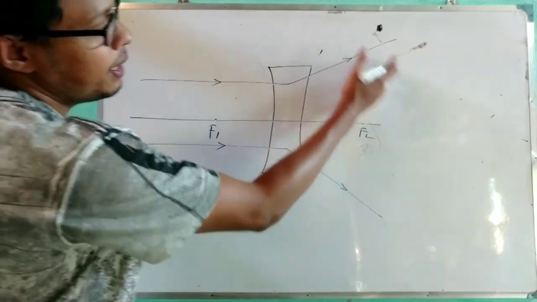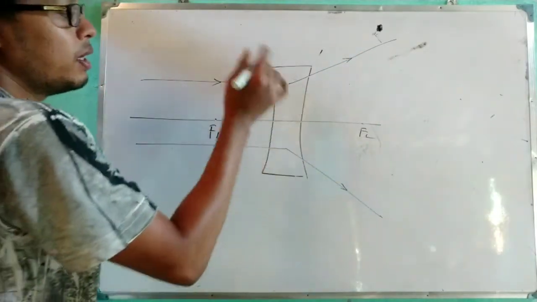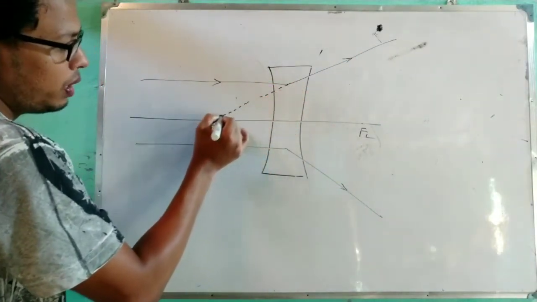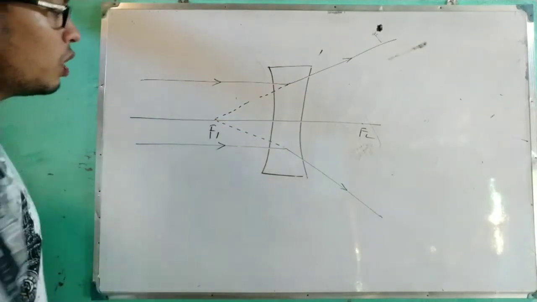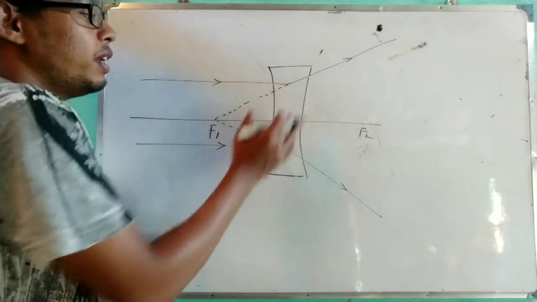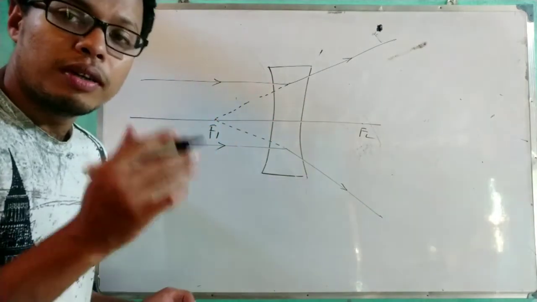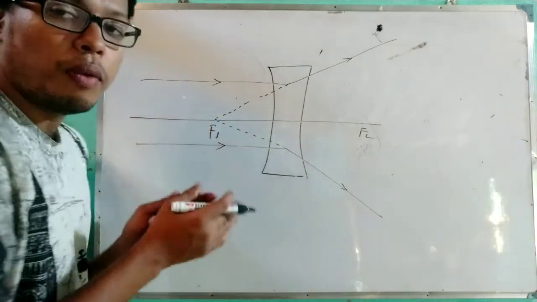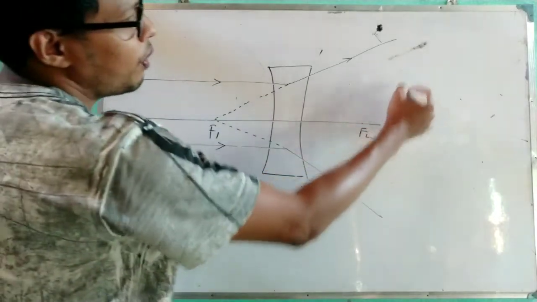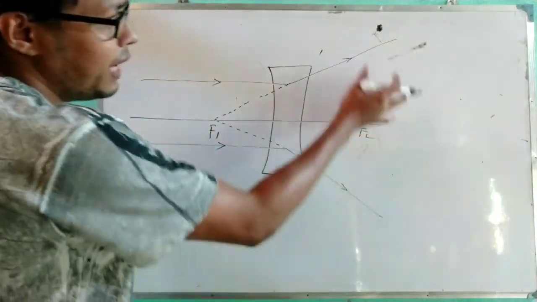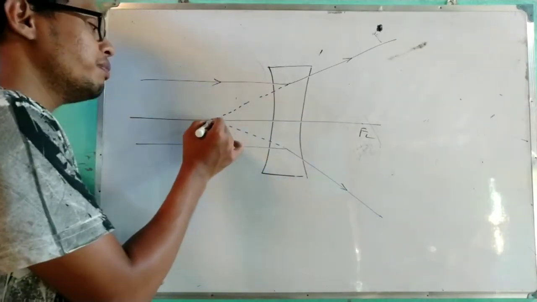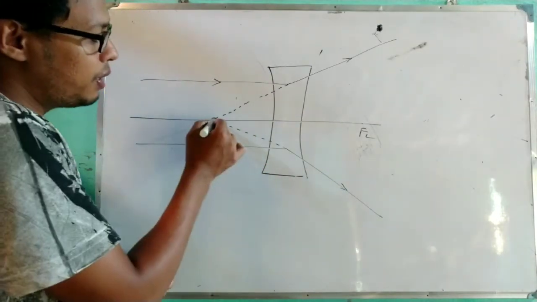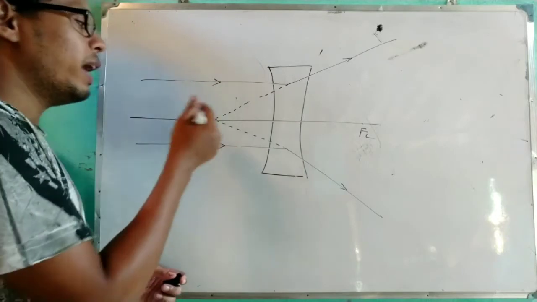Here they never meet, but if we extend them backward, they meet at a point, means they appear to come from the point which is called the focus. These images are called virtual images because they do not form on a screen. But if we see from this side in between the rays, we can see these rays are coming from the object, means the image will form at point f1 or at the focus point.